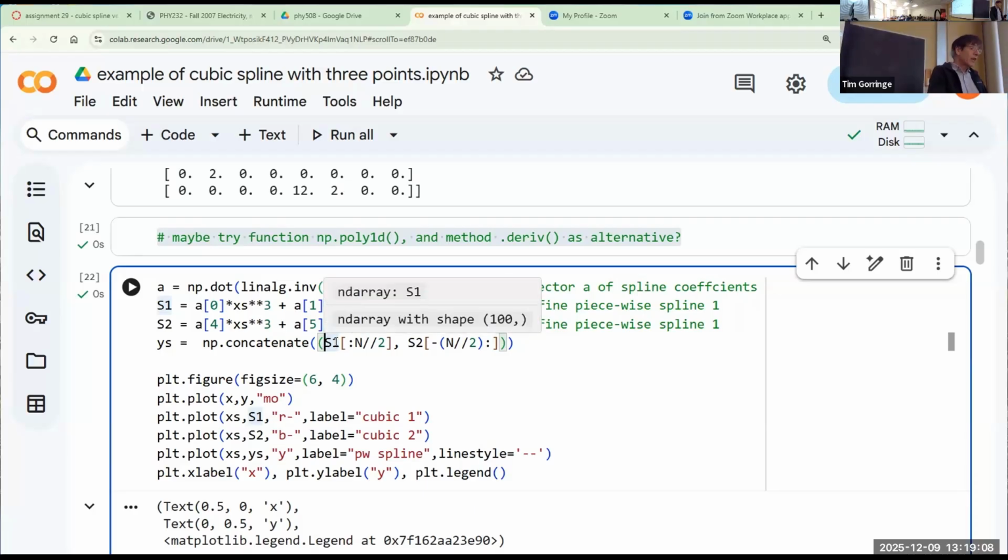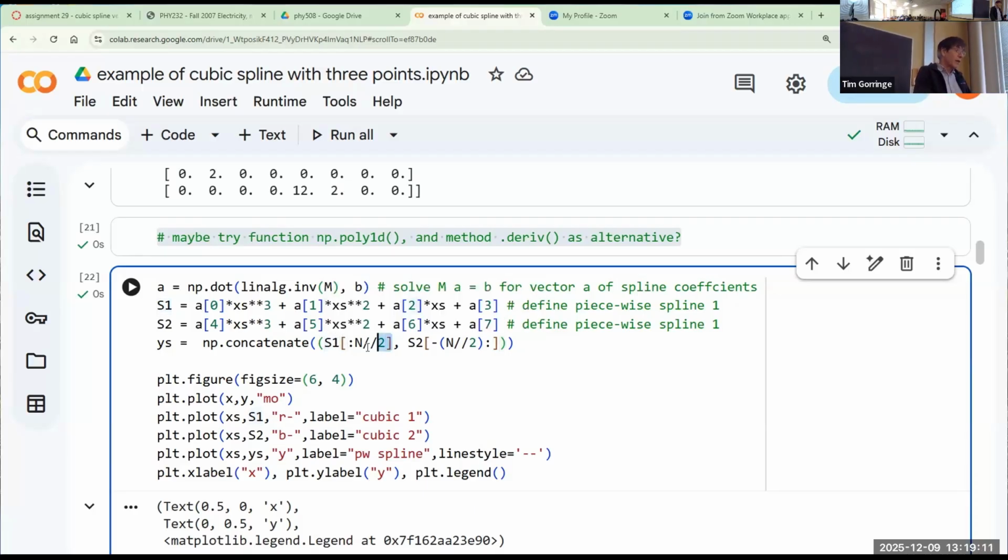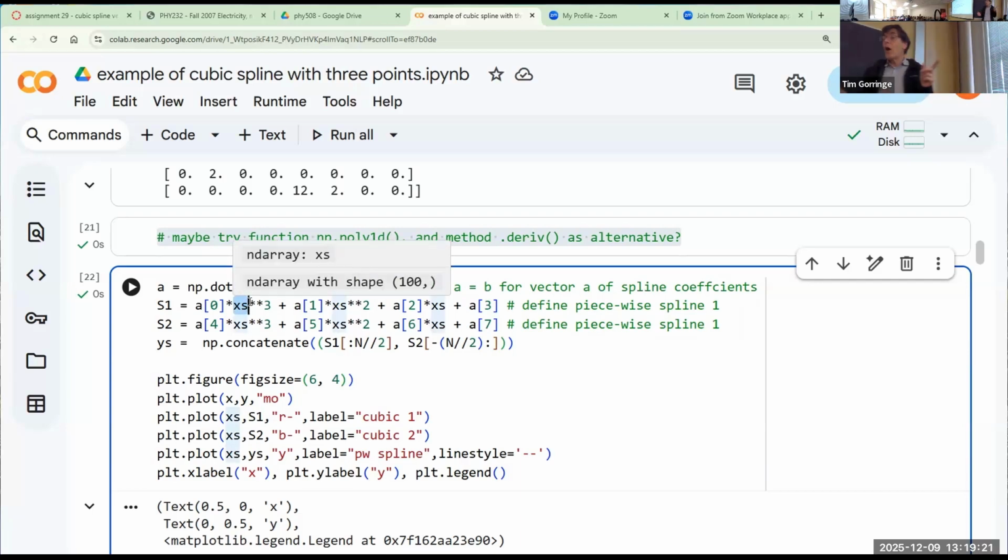When I join them together, though, I do have to be careful. Because I built them out of this independent variable proxy XS, S1 spans the whole range of the data. S2 spans the whole range of the data. S1, though, is only valid between the first pair of data points, and S2 only valid between the second pair of data points.